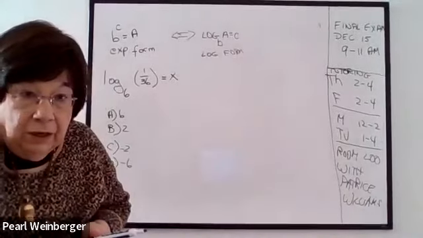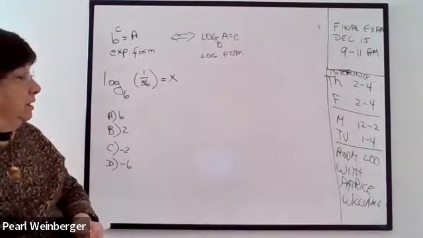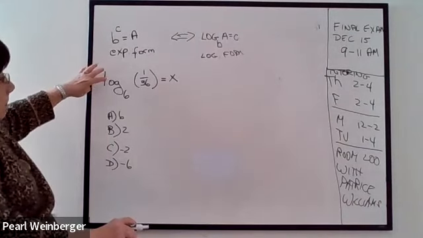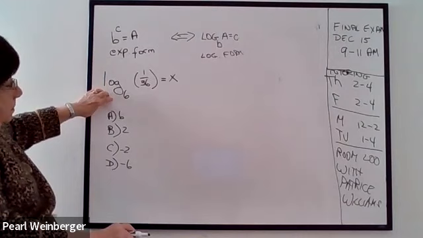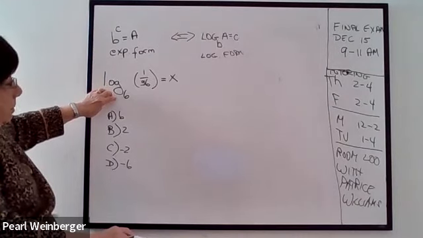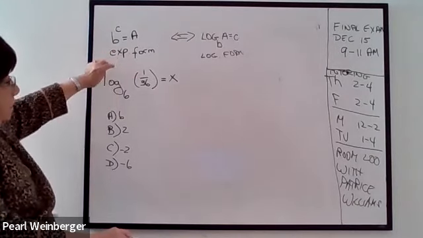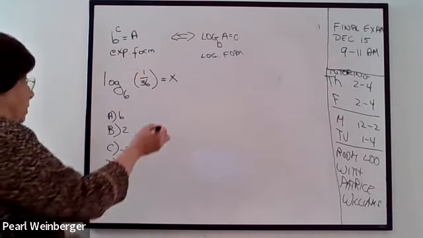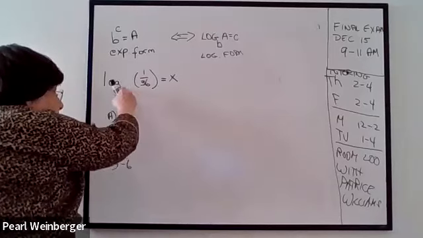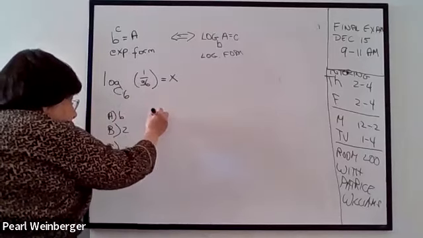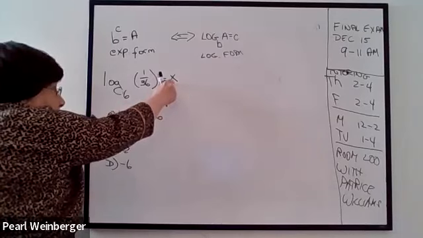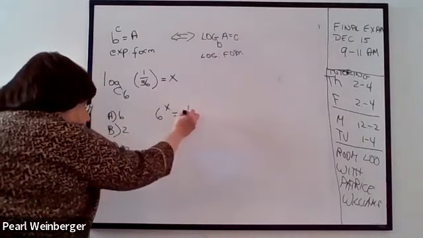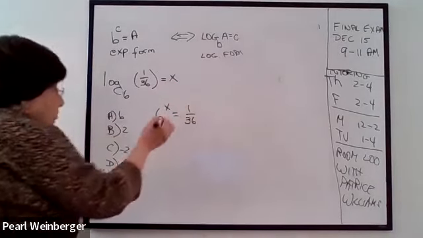Okay, I think we should try and work this out and see which answer we like best. Again, when I see something in logarithmic form, I'm going to try and change it to the exponential form so it looks more familiar. So my base is going to be the 6. My exponent, that's what we didn't know, so we're going to call it x, equals 1 over 36.